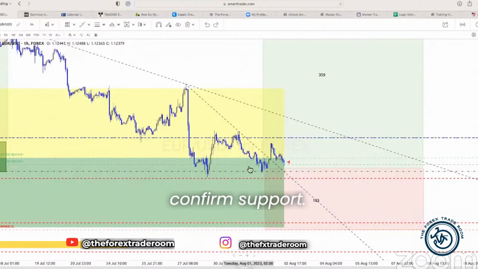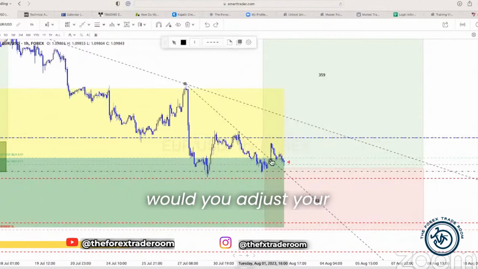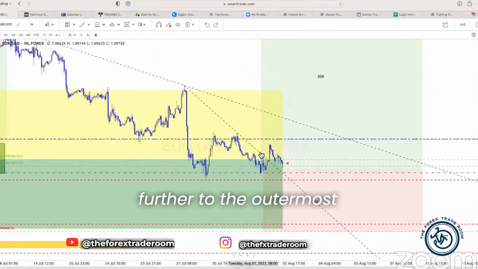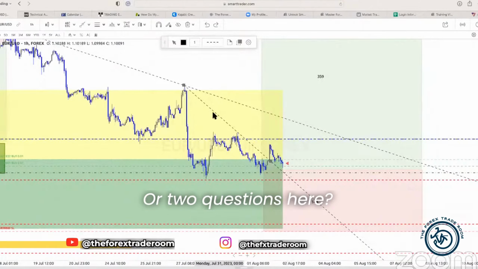Confirm support. Okay. So at that point, would you adjust your trend line and move it further to the outermost point? Or two questions here.